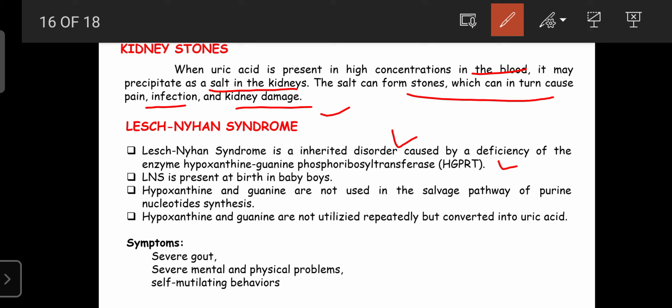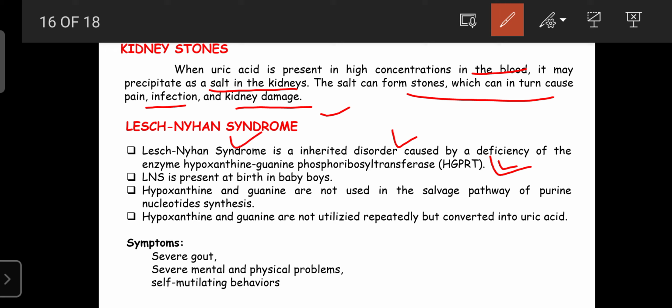As the salvage pathway is deficient, automatically the de novo synthesis of purine increases, automatically the purine degradation increases, and automatically the uric acid level increases, due to the problem in the salvage pathway from deficiency of this enzyme due to genetic mutation. Because it is a genetic disorder, it is present from birth, and that condition is known as Lesch-Nyhan syndrome, that is LNS.